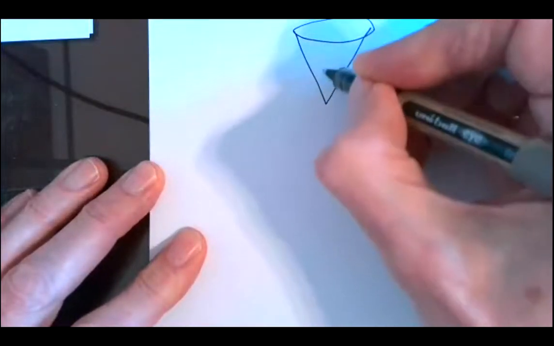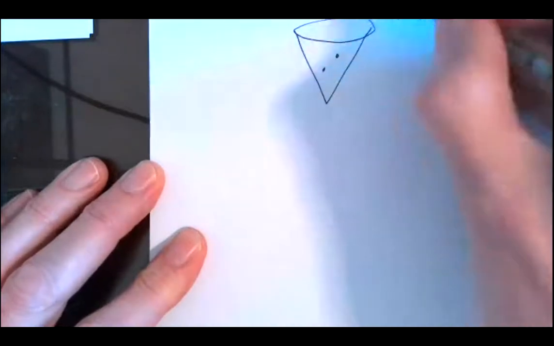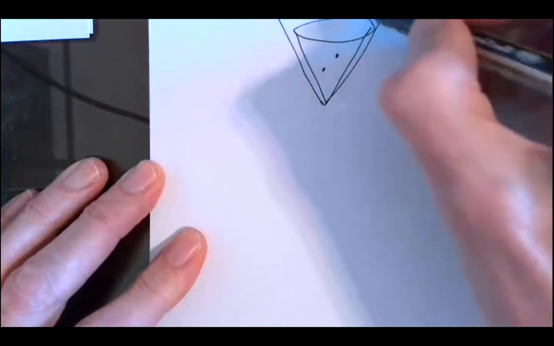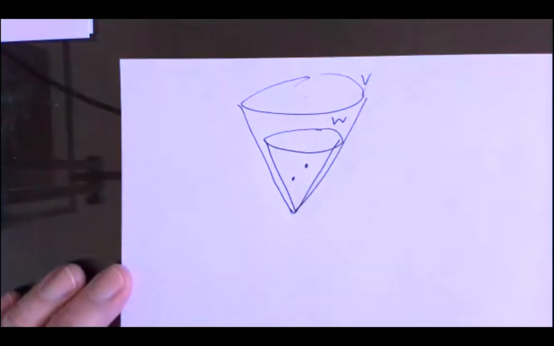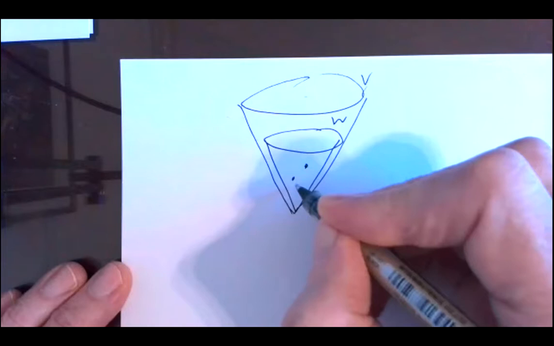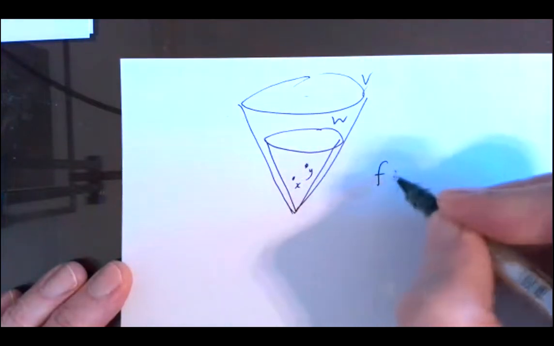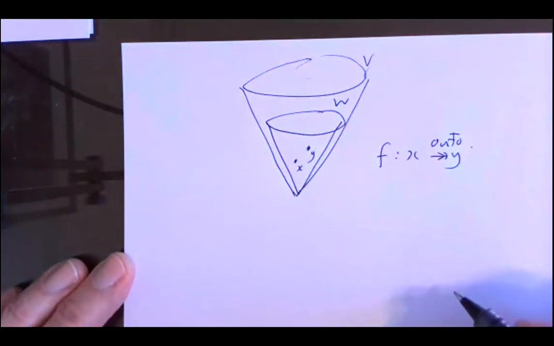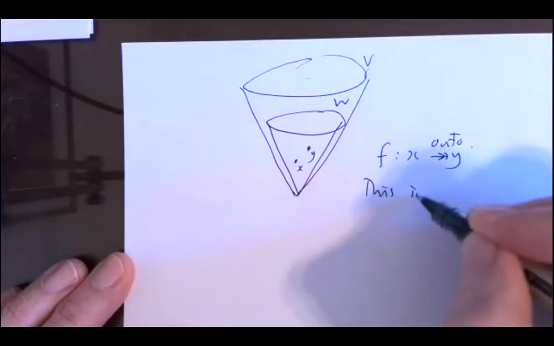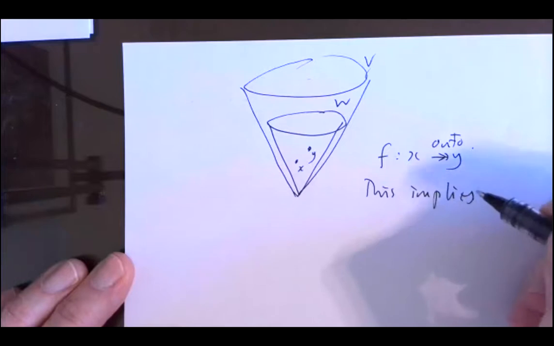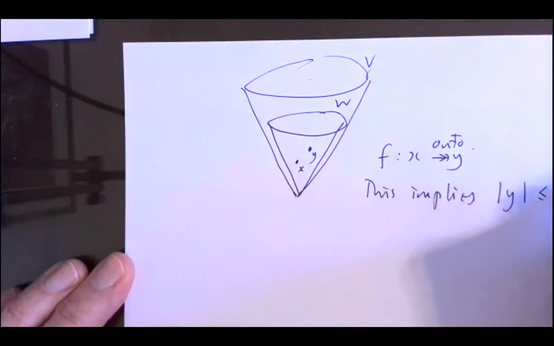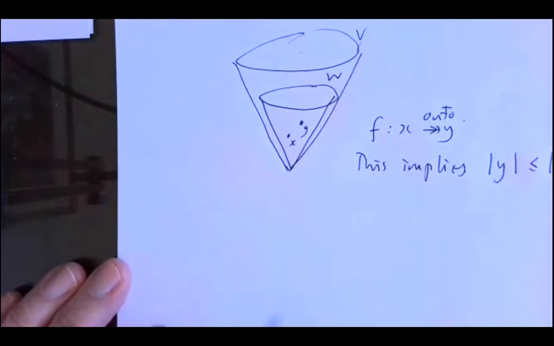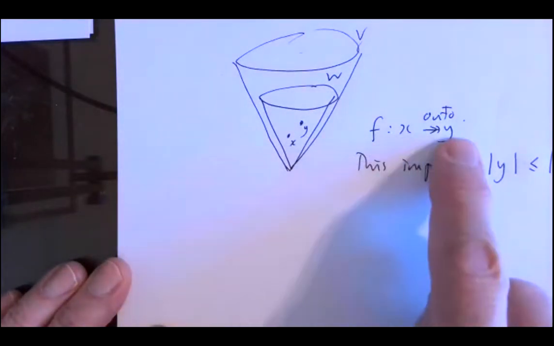Start on another piece of paper. Whether something is a, okay, here's my W and my V. I may have some X and some Y. And maybe in V there is a function from X onto Y. So this would imply the cardinality of Y is less than or equal to the cardinality of X, because I've got an onto map from this onto this.